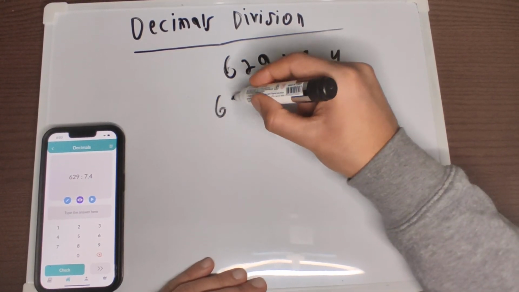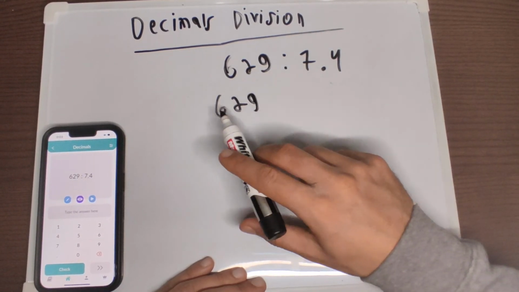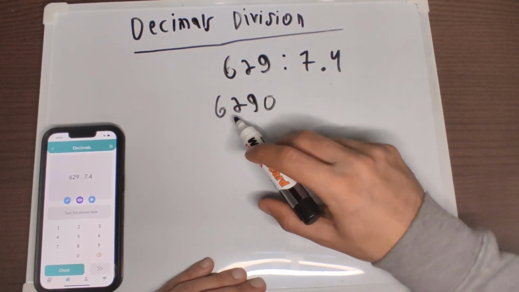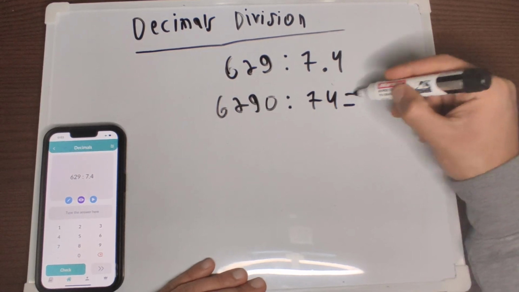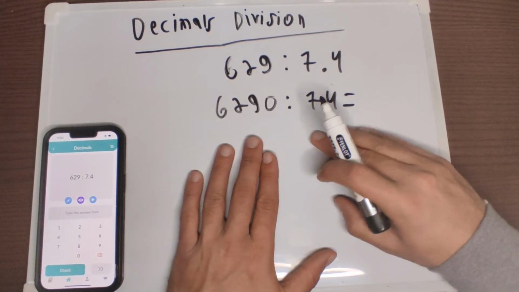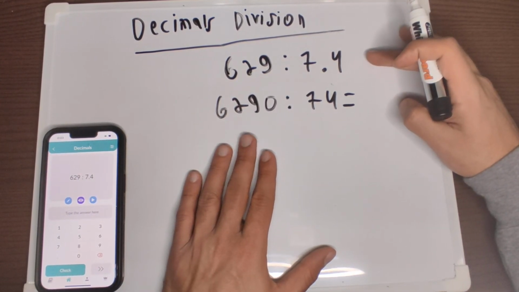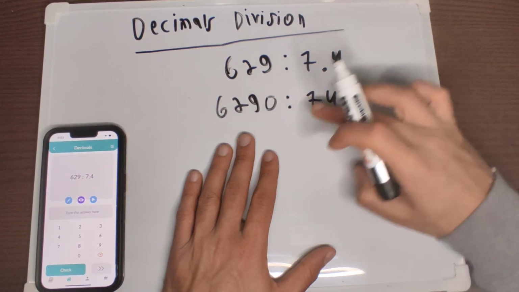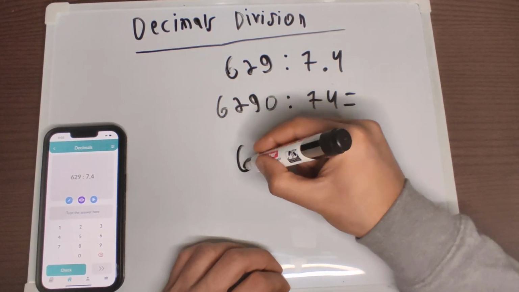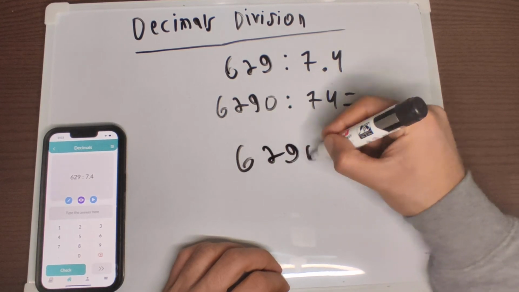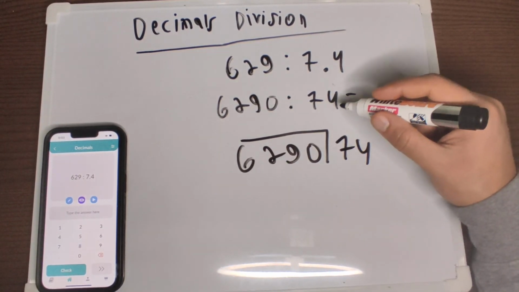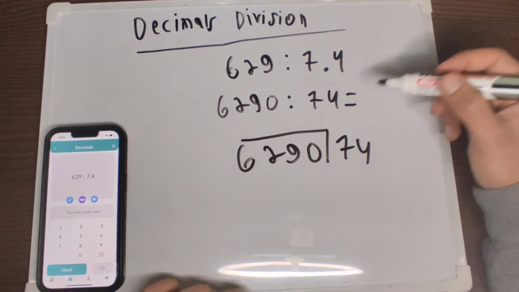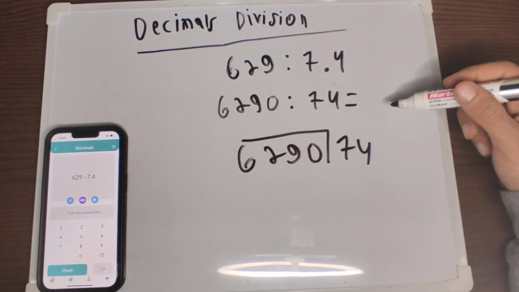So the exercise will become 6,290 divided by 74. And now it's the same exercise as before. Okay, how will we solve this? Long division, or whatever you like. If you prefer to solve it in your head, you can do it also.